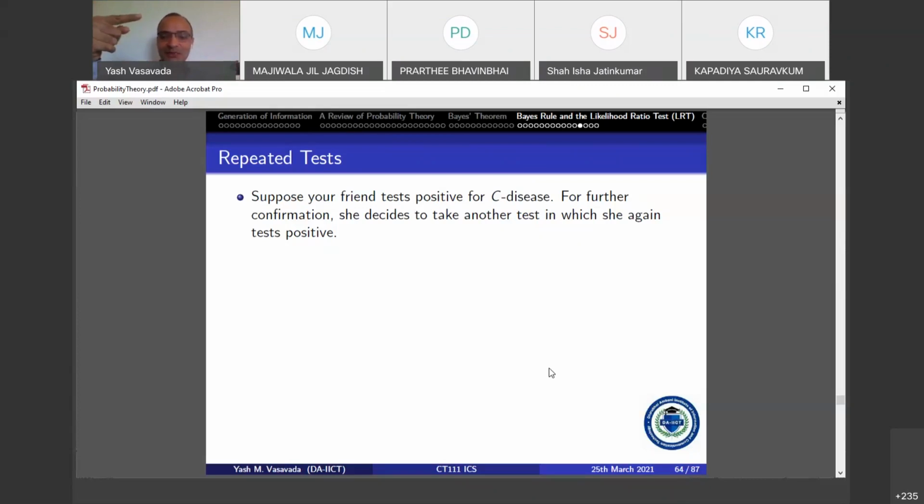She did the first test maybe at home, and then she went to another test facility and did another test, and eventually the conclusion was that she is not infected.